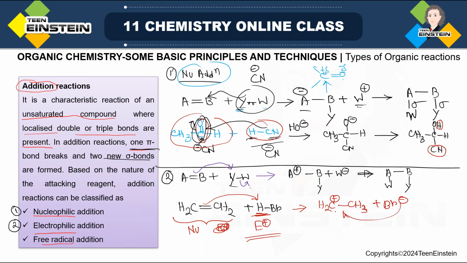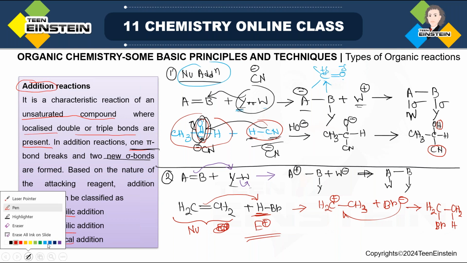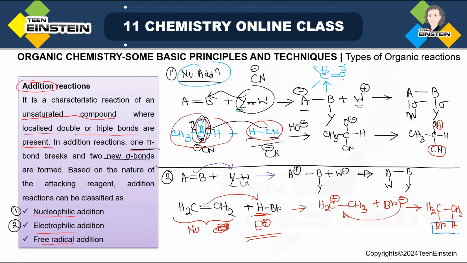Finally, Br minus will attack here and we will get the addition product CH2Br and CH3. I am writing it this way so that you can understand the actual addition that is happening. These two atoms are added to the C=C double bond. So the pi bond is broken, the sigma bond is intact, and these two are newly generated sigma bonds.